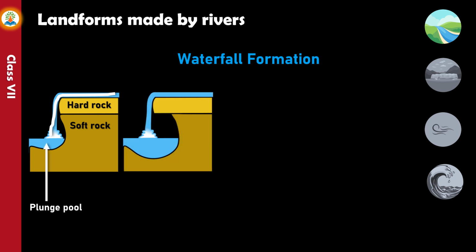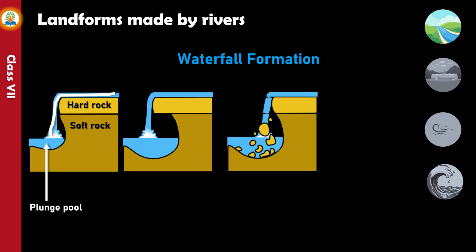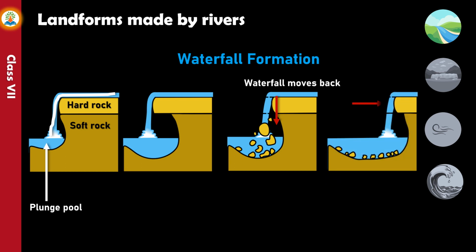The soft rock is undercut by erosional processes such as hydraulic action and abrasion, creating a plunge pool where water and debris swirl around, eroding the rock through corrosion, further deepening it and creating an overhang. The hard rock overhang above the plunge pool collapses as its weight is no longer supported. Erosion continues and the waterfall retreats upstream, leaving behind a gorge. In this way a waterfall is formed.